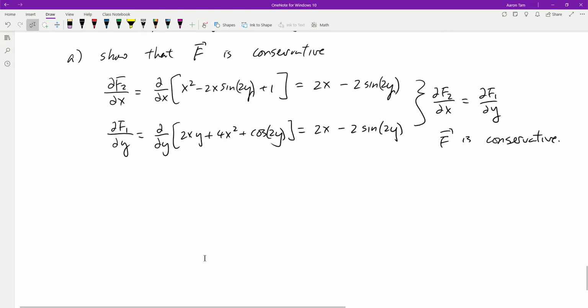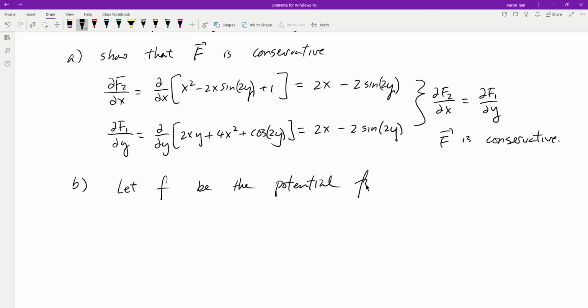So now it's just a matter of going through the same exact process to find the potential function. So once again, we're going to let f be the potential function of vector f.